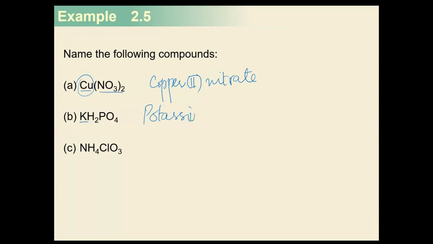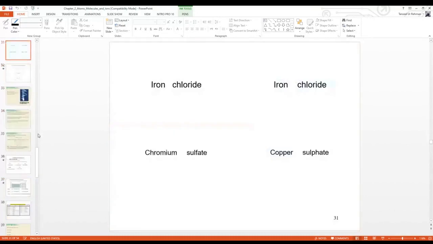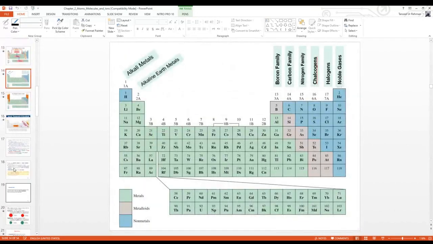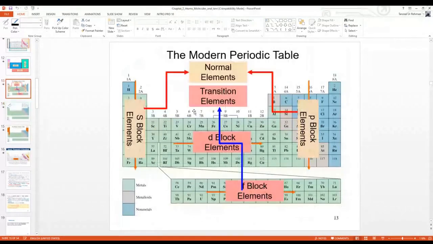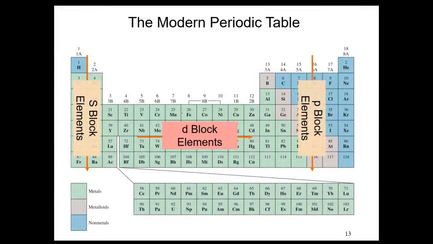How do I know if it's a transition metal? I told you here. This is our periodic table. Look at this table. These in the center, in the middle, are transition elements.